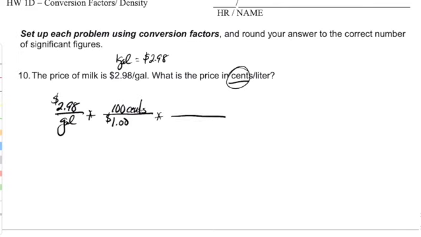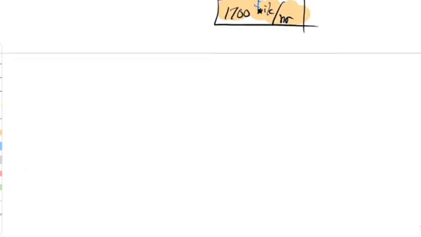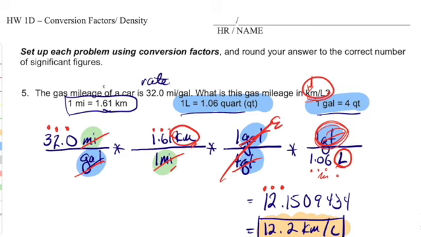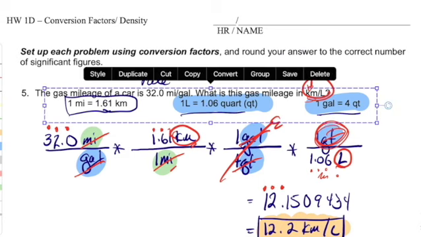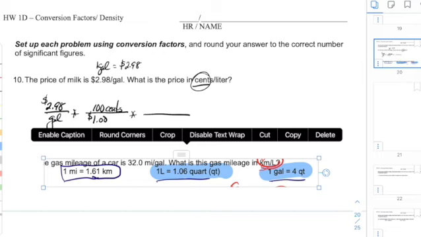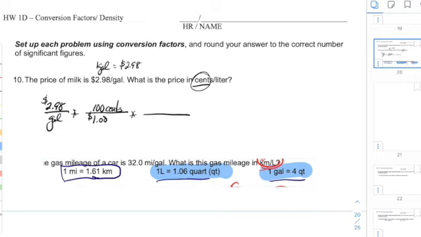And then to go from gallons, I'm going to go back and bring down some conversion factors that we used in question number 5. So in question number 5, we used some conversions that will help us in this one. I can change gallons to quarts. So 1 gallon is 4 quarts, and 1.06 quart is 1 liter.